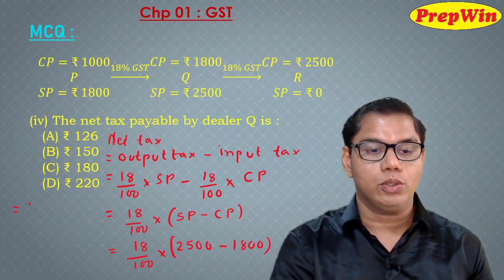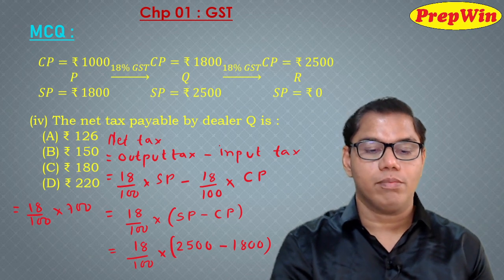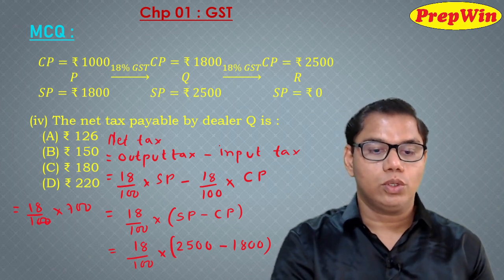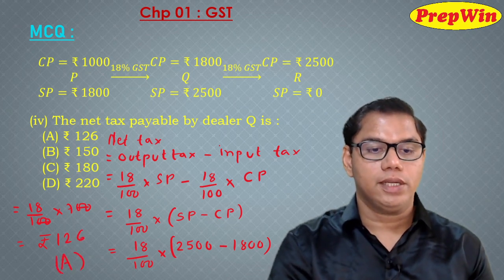This will come to 18 upon 100 into 700. 700 is 2500 minus 1800. So 20 and 20 cancelled, and this 18 multiplied by 7 is rupees 126. So my correct option is option A.